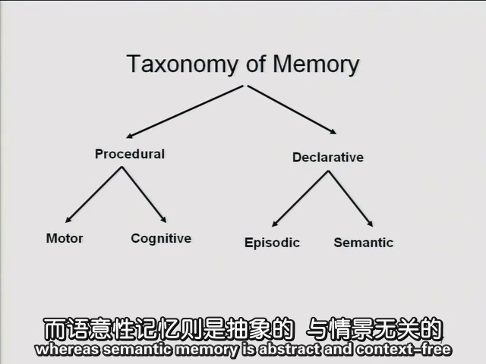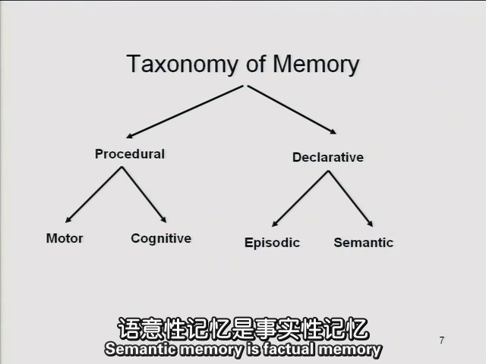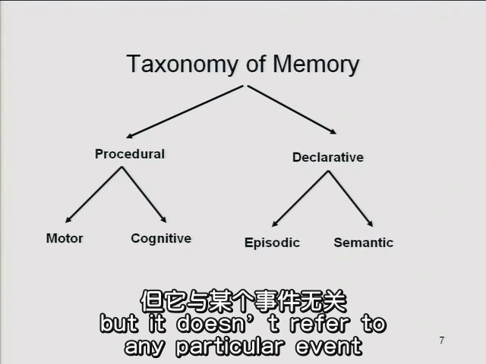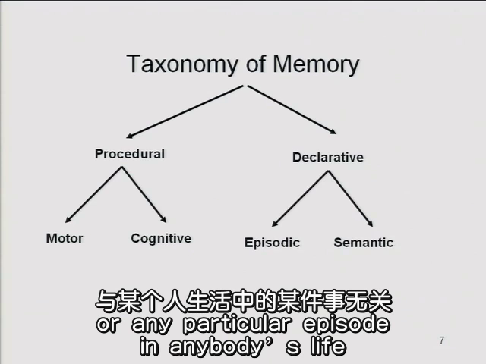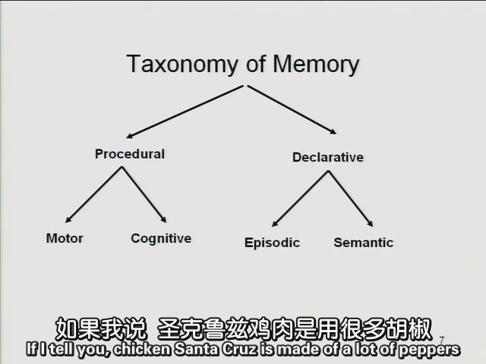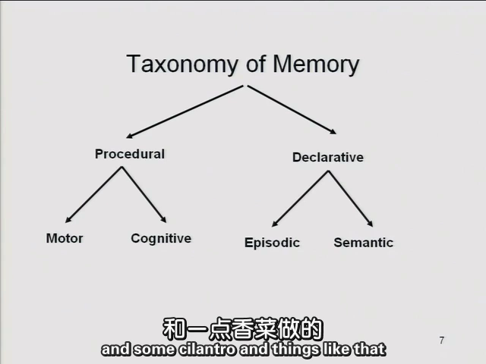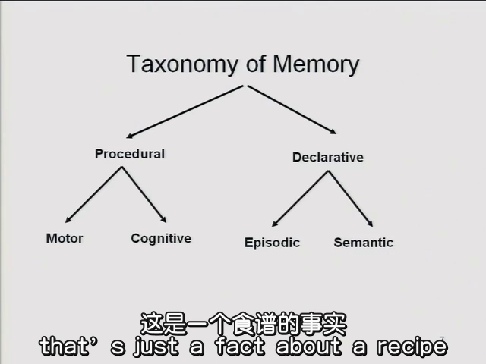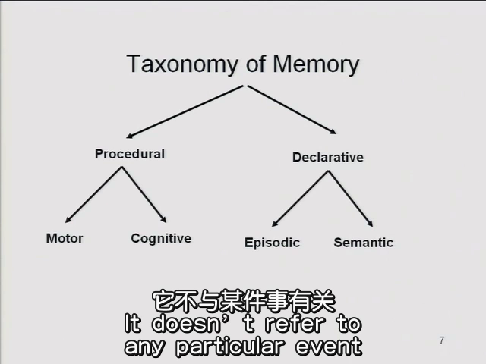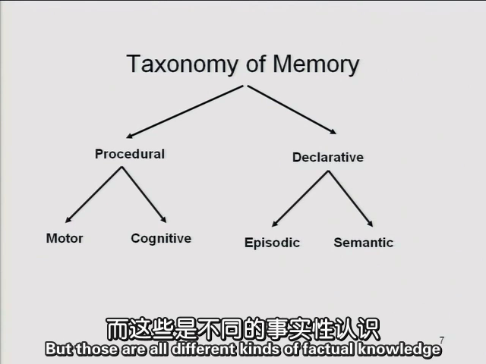Whereas semantic memory is abstract and context-free. Semantic memory is factual memory, but it doesn't refer to any particular event or any particular episode in anybody's life. If I tell you chicken Santa Cruz is made with a lot of peppers and some cilantro and things like that, that's just a fact about a recipe. It doesn't refer to any particular event. But those are all different kinds of factual knowledge.